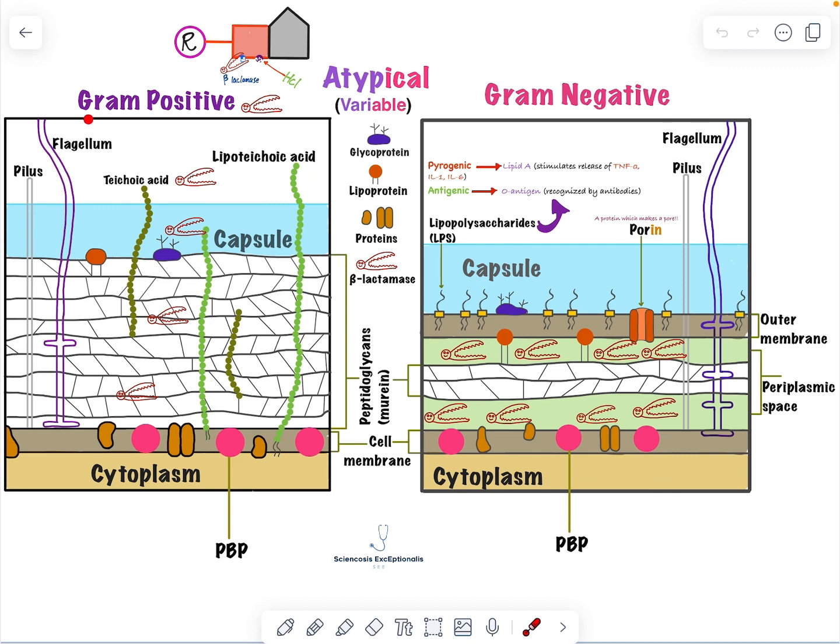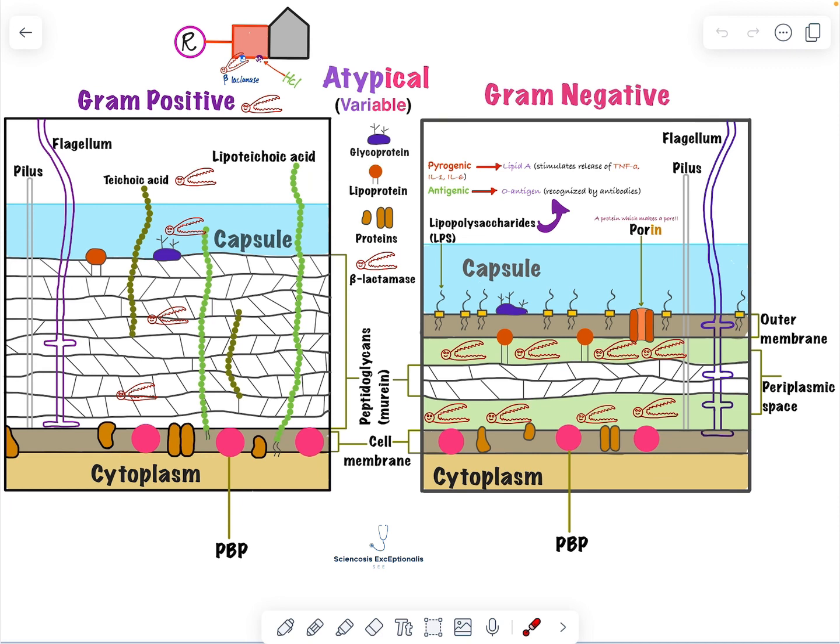Second, if the gram positive have beta lactamase enzymes, they are secreted and released outside the cell to target the beta lactam rings of the antibiotics, even far away from the cell. It seems good for the bacteria.